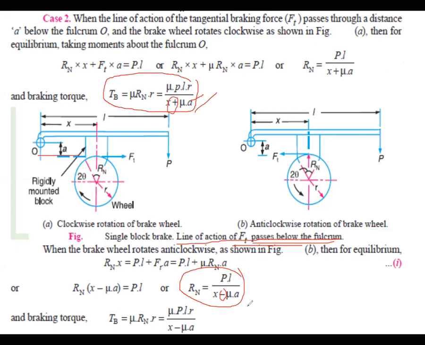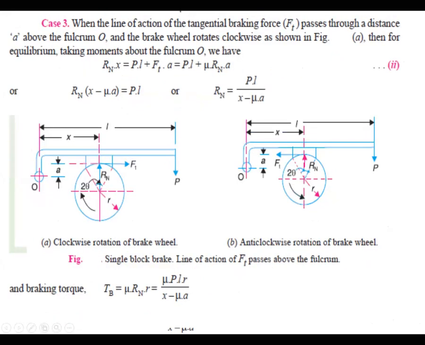Then coming to the third case, it is also like this only. So in the third case, what happened? It is the reducing of these brakes. You can see the statement is also mentioned here: when the line of action of the tangential braking force passes through a distance a above the fulcrum, and the brake wheel rotates in the clockwise direction.